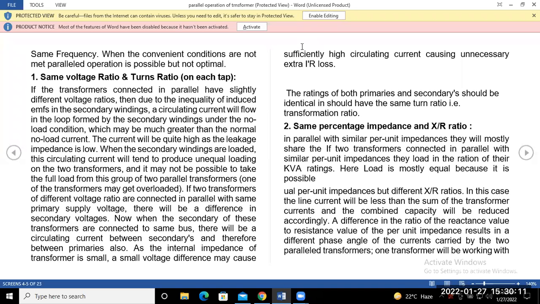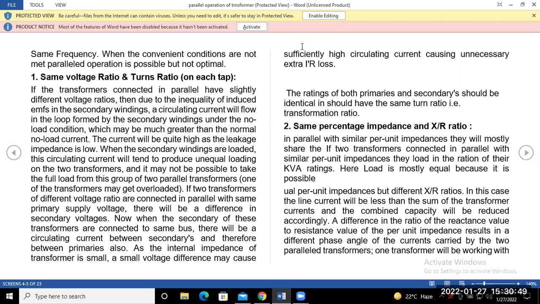Now when the secondaries of these transformers are connected to the same bus, because the two transformers are connected in parallel, the primary side of both is connected to the same supply, and the secondary terminals of both are connected through a bus from where you want to supply the load. Okay. So a circulating current will flow due to the EMF difference in the secondary winding of the transformers.